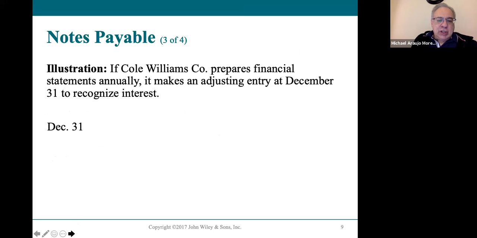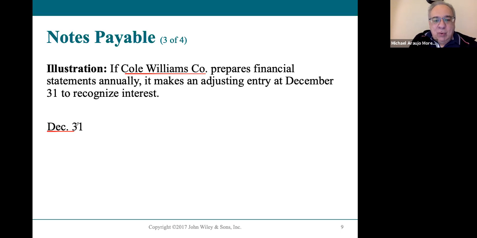Right. So what happens then if Cole Williams closes their books on December 31st? Well, this interest isn't due until January the 1st, right? But they've accrued all that interest. And so they have to expense the interest in the period that it happened.